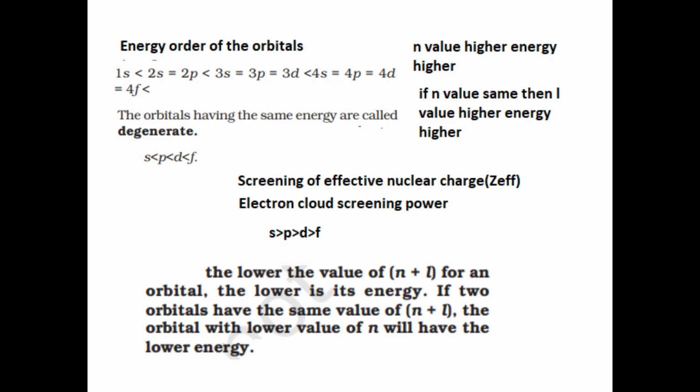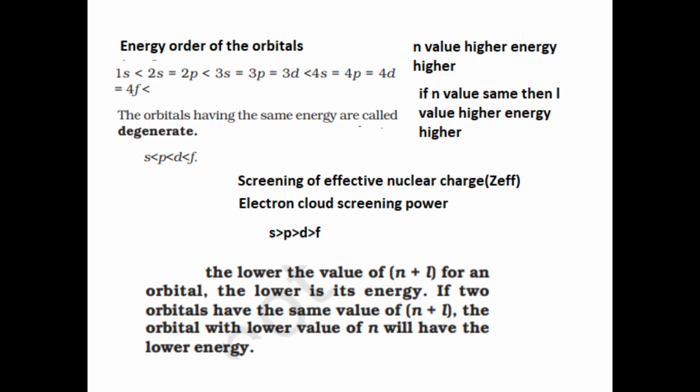The order of orbital energies: 1s less than 2s equal to 2p, less than 3s equal to 3p equal to 3d, less than 4s equal to 4p equal to 4d, and so on. Orbitals having the same energy are called degenerate orbitals. The higher the n value, the higher the energy. If the n value is the same, then the higher the l value, the higher the energy.